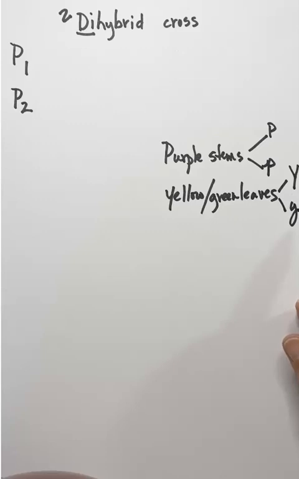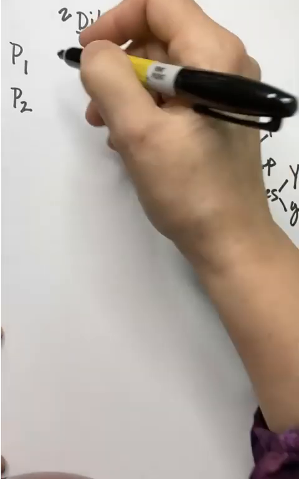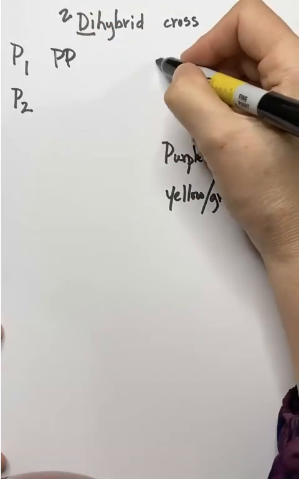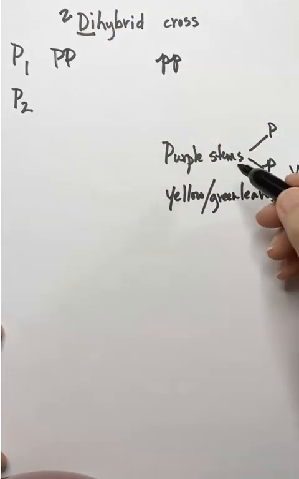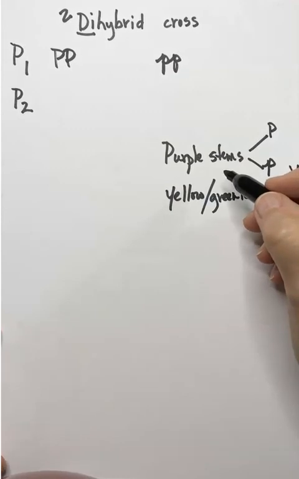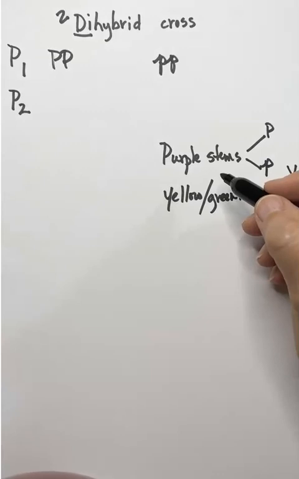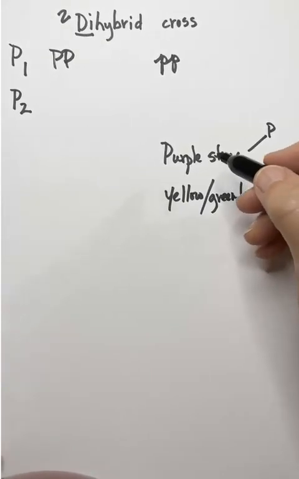There is no variation. So this is what that means. You're either going to have 2 capital P's or 2 little p's in the genotype. You've got to have either 2 capitals or 2 little p's.